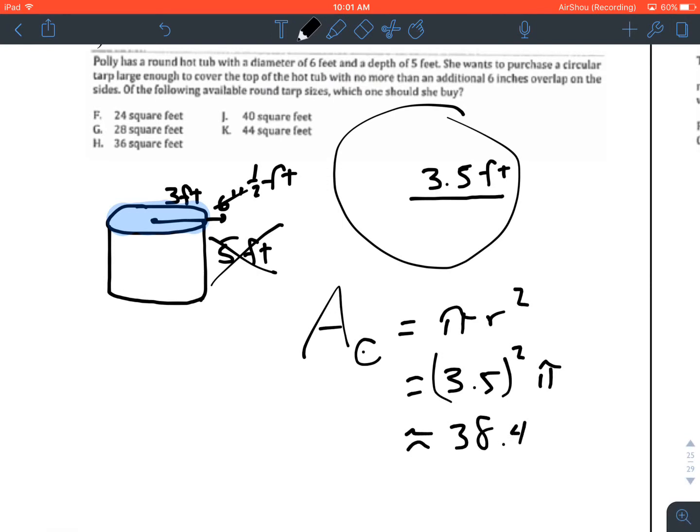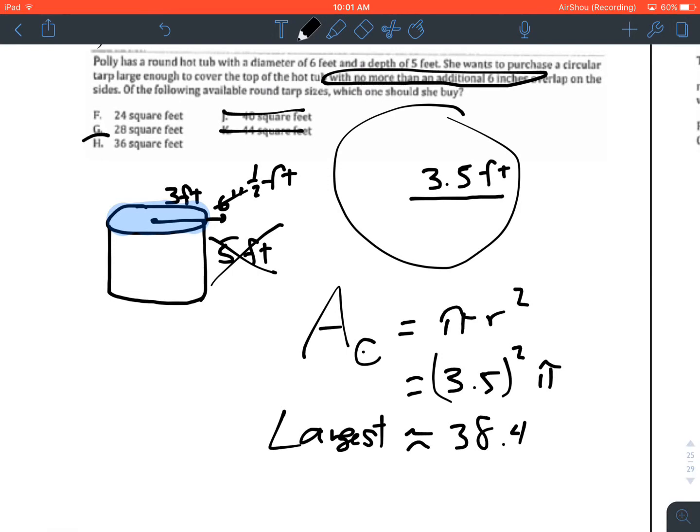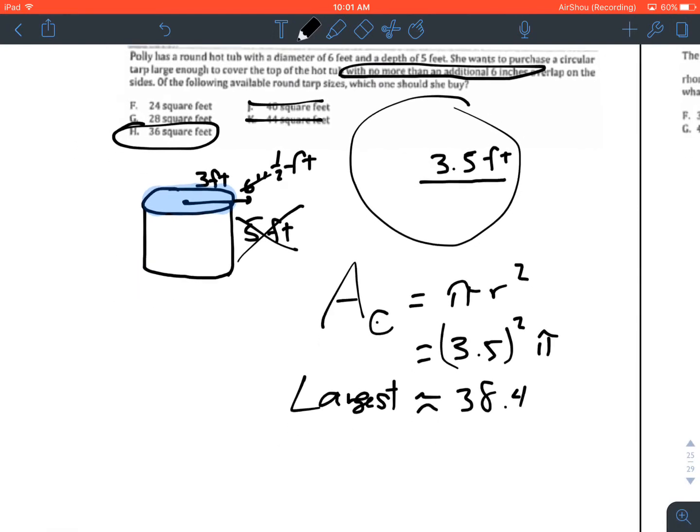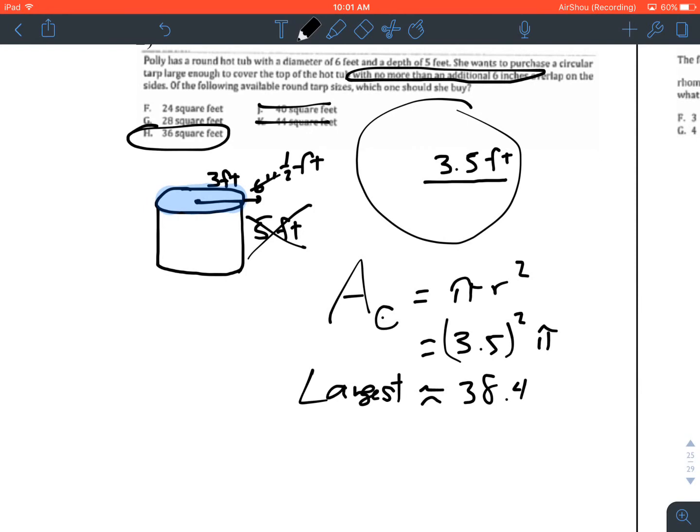Now looking at my answers, it says that she's fine with no more than an additional 6 inches of overlap, which means this represents the largest possible that she would want. That's more than that, that's more than that. So the closest thing to this is going to be 36 square feet. So that's going to be our answer.